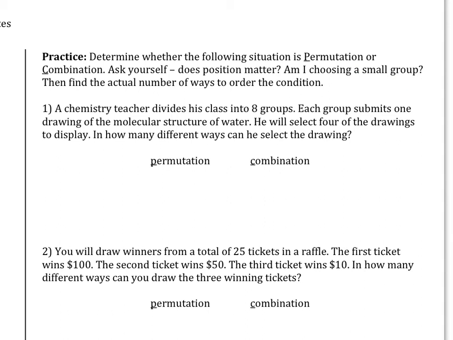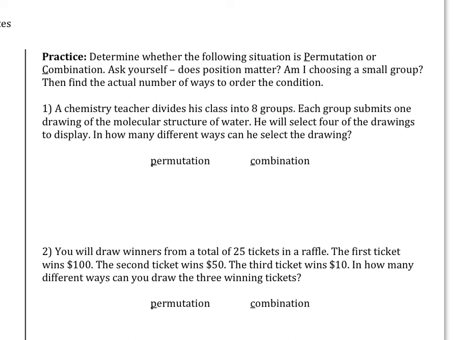So for example, the first one, a chemistry teacher divides his class into 8 groups. Each group submits 1 drawing of the molecular structure of water. He will select 4 of the drawings to display. In how many different ways can he select the drawing? So he's trying to get 4 drawings out of 8 drawings.